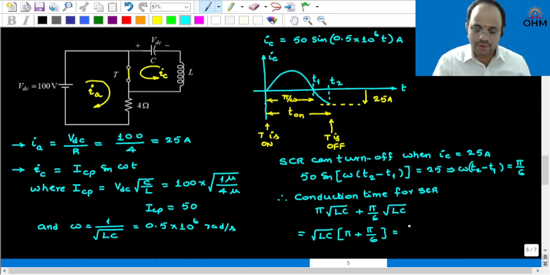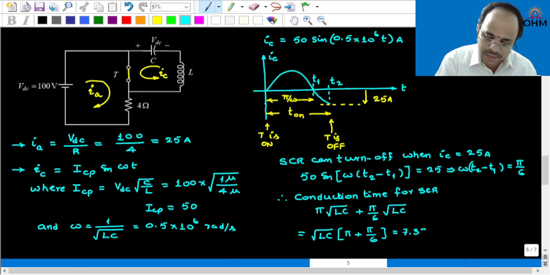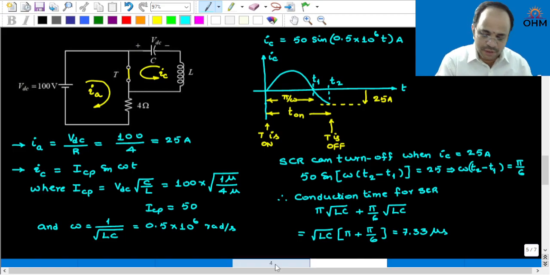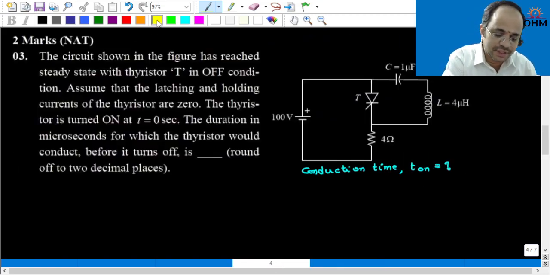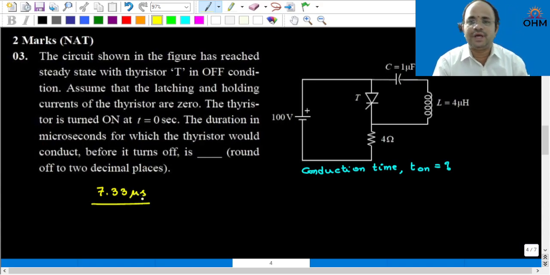Substituting the components, inductance is 4 microhenry and capacitance is 1 microfarad, this value comes around 7.33 microsecond. So for the given question, the answer is 7.33 microsecond. This much time the thyristor will be in conduction.